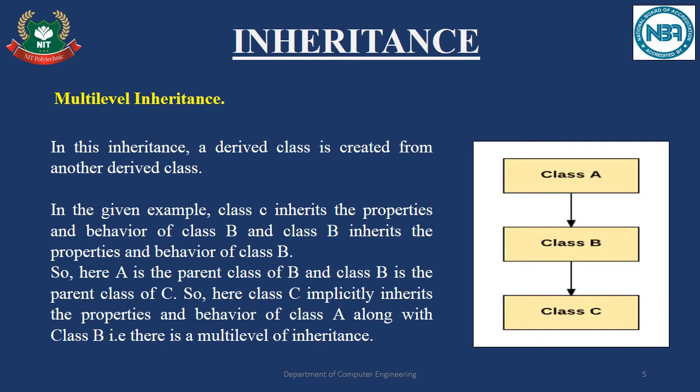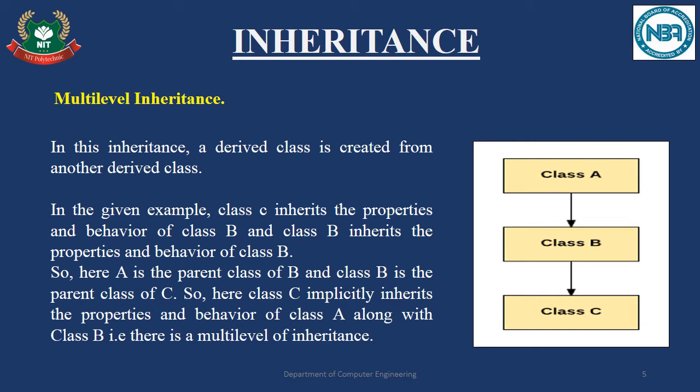Coming to the next, that is multi-level inheritance. In this inheritance, a derived class is created from another derived class. As we have seen earlier, in single inheritance, there was a single parent class and a single child class.